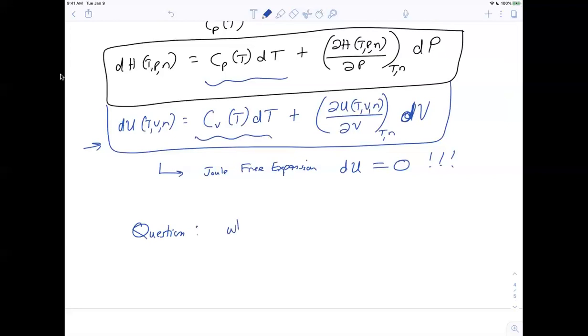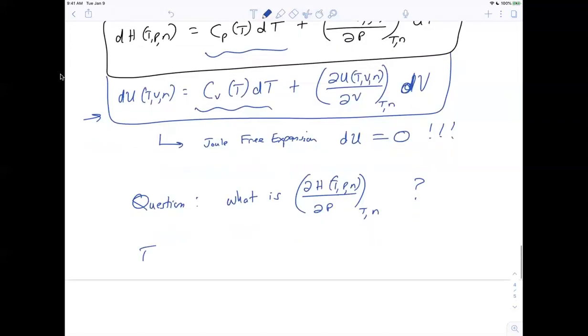Okay, so the question now is, what is partial of H with respect to pressure at constant temperature and N? Remember, there's no H meter, and likewise, there is no U meter.